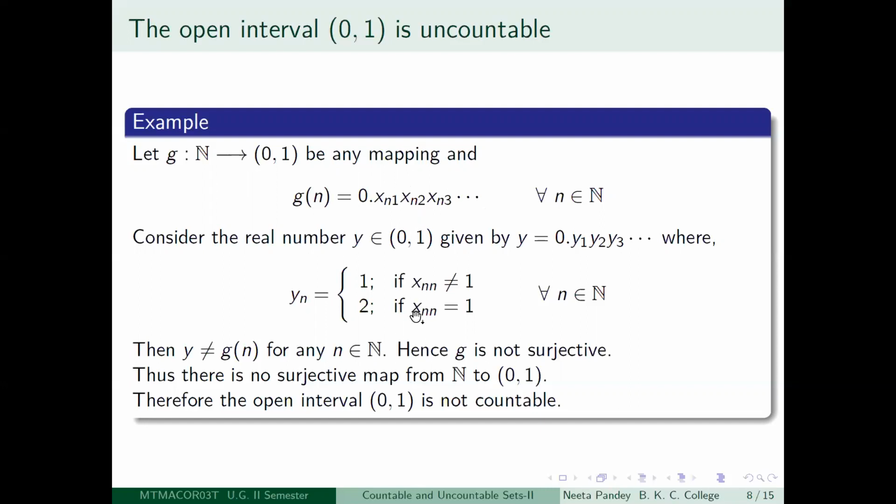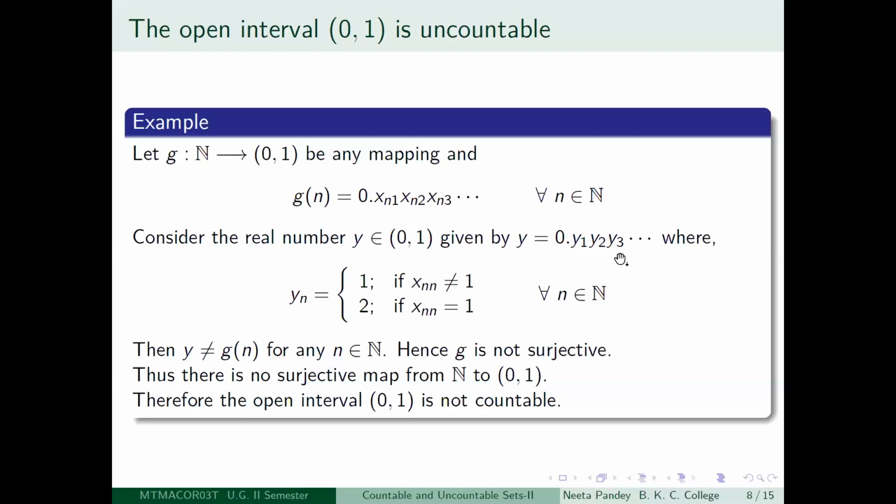That is what we are ensuring: if x22 is equal to 1, then you choose y2 to be equal to 2, and if x22 is not equal to 1, then you choose y2 to be equal to 1. So in this fashion, your second decimal place will differ from the second decimal place of G(2). Therefore, y will not be equal to G(2). Similarly, y will not be equal to G(3) and so on. So the way you construct it, you see that y will not be equal to G(n) for any n.